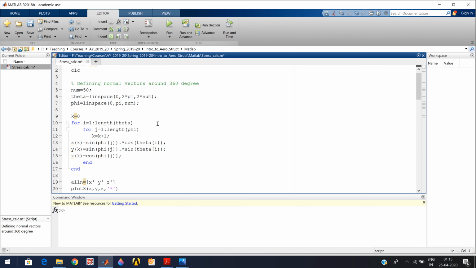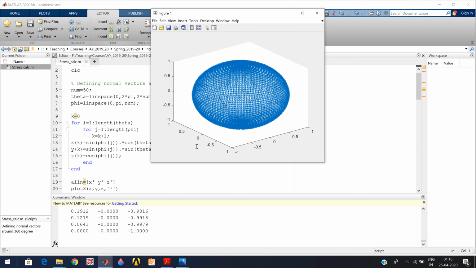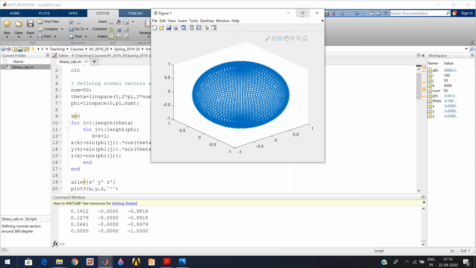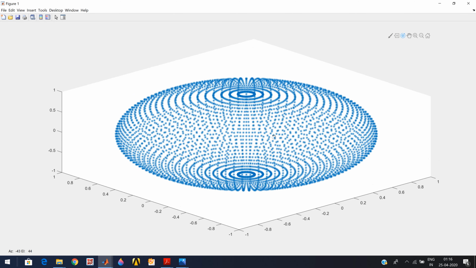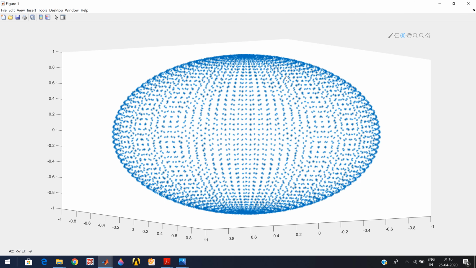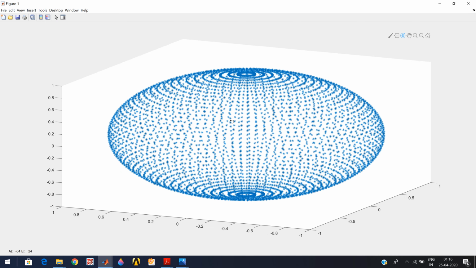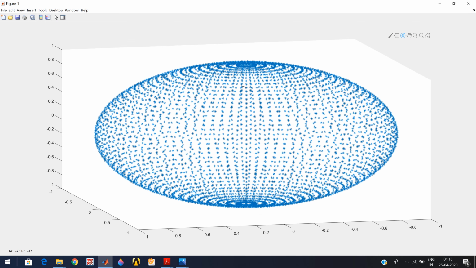Comment, and if I run, you can see that. I'm just showing it a little bit. You can see I have got all possible points on one unit sphere.